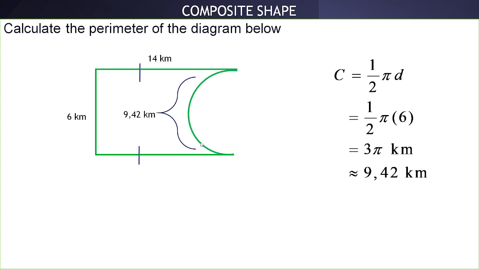Now that we have the distance along that arc, we can find the perimeter, grade 9 learners, because we know that the perimeter is the distance around the shape.